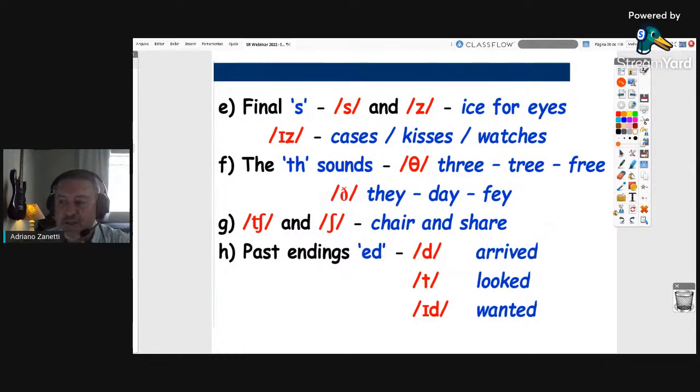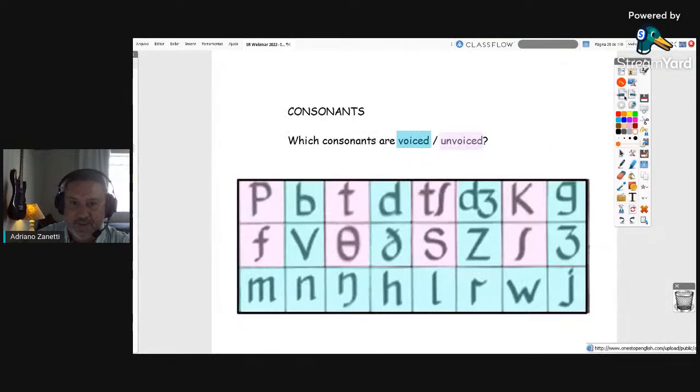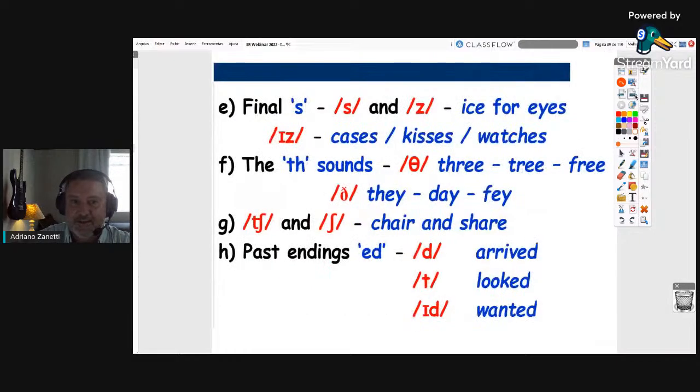There's a good chance they will have understood from when I was explaining the s, z movements, no vibration for s, vibration for z. So they will notice the difference between ice and eyes. Very useful when we're teaching grammar with the present simple.